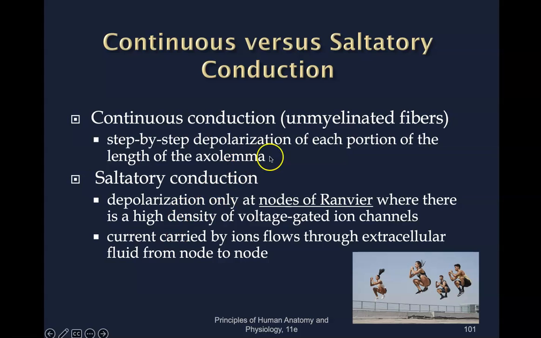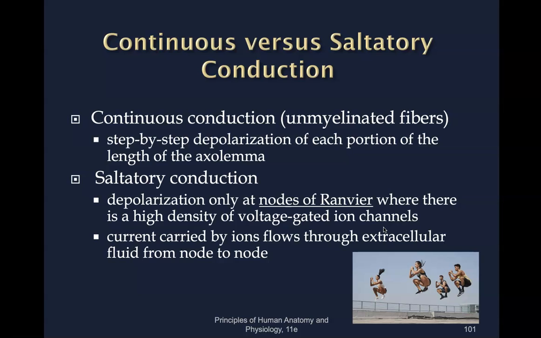And so it's going to allow a lot of sodium to rush in, so much so that it will travel down and flow in the intracellular fluid to the next node of Ranvier, triggering those sodium-gated ion channels to open. Okay. And so again, the myelinated area isn't going to have these voltage-gated ion channels.